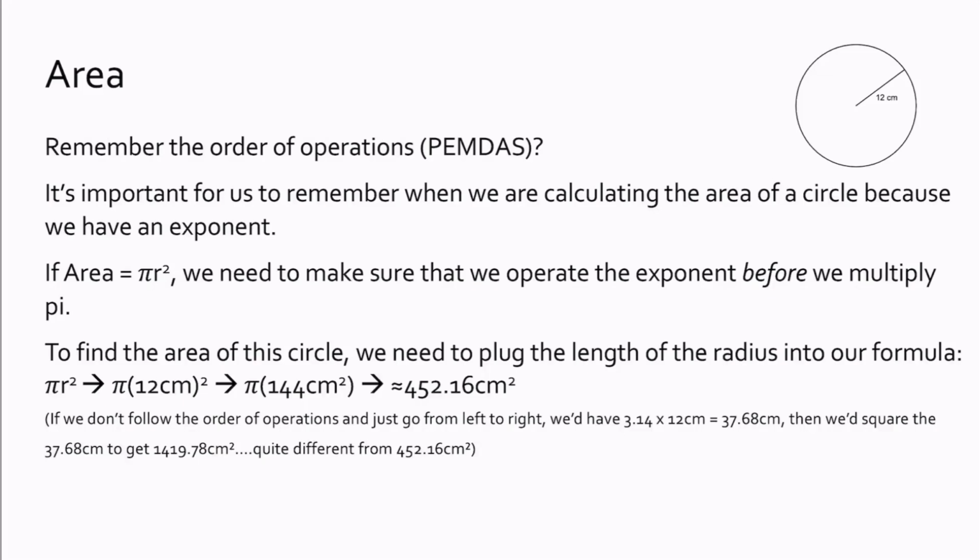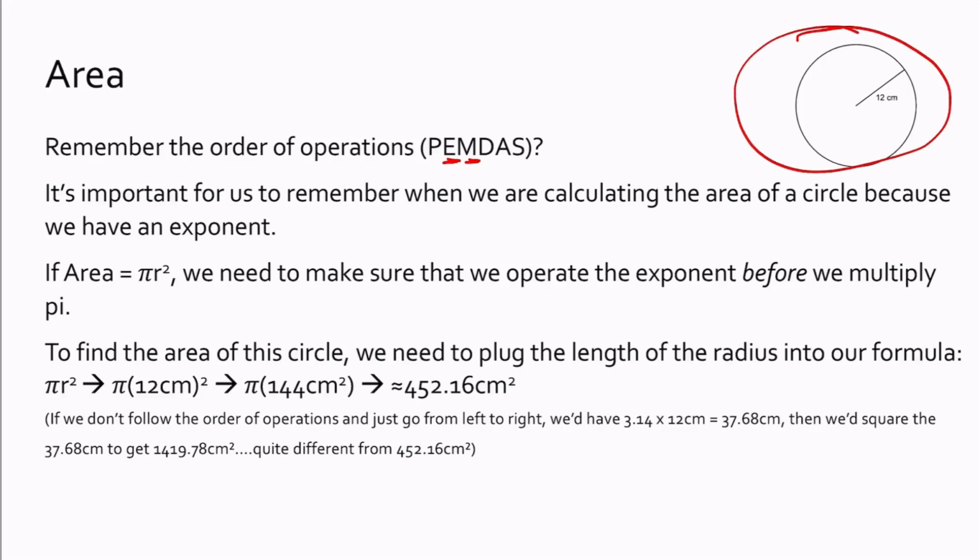So we remember in the order of operations, that tells us that when we have an exponent, the exponent gets operated on before our multiplication. So our radius squared has to happen before we multiply by pi. It's kind of weird, but we get super different answers.